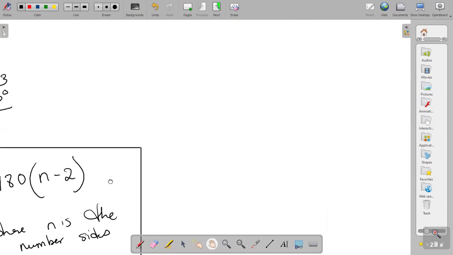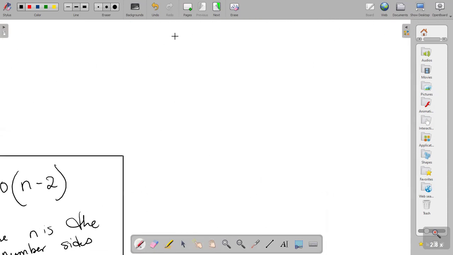So let's go through the names of all the different types of shapes. 3 sides, 4, 5 sides, 6, 7, 8, 9, 10. 3 is a triangle. And you've got different types of triangle: your right angle, your scalene, your equilateral, your isosceles.